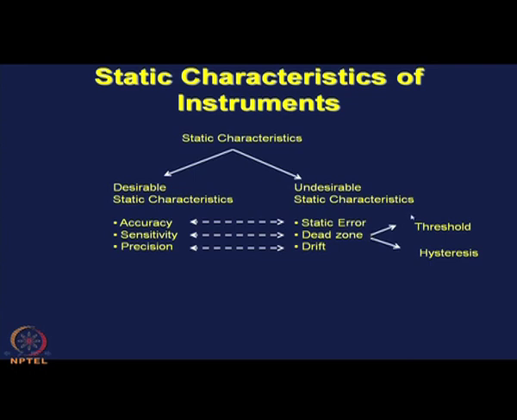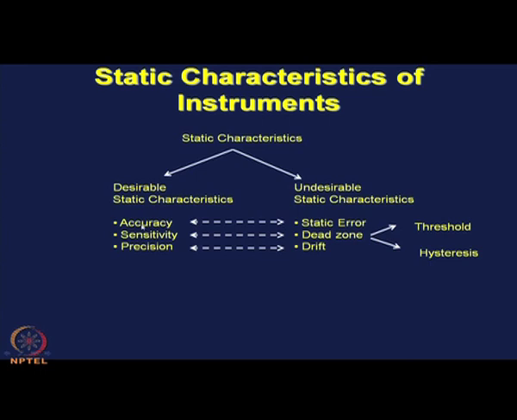Dead zone can be a result of threshold or hysteresis. It can also be noted here that accuracy and static error are related in the sense that if your instrument is accurate enough, or if the desirable static characteristic accuracy is high, the undesirable static characteristic static error will be low.